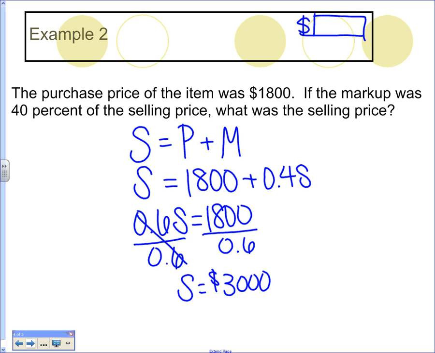Does that make sense? Do you see the difference between the two? That's complex right there. It tells you markup is 40% of your selling price. So we do it with the S, because that's what S stands for, selling price. Because it said find your markup. Does that make sense?